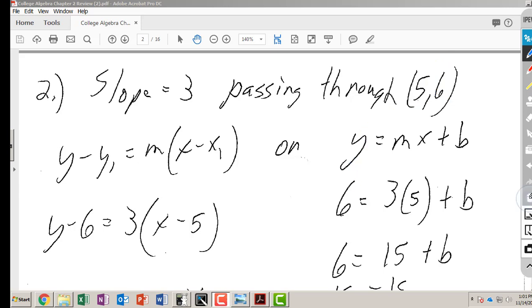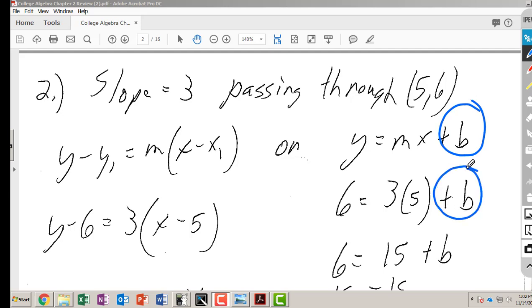And then here's my x value, and that's going to go in place of my x, which is 5. And then here's my slope, which is 3. I'm going to substitute that in place of my m in my equation. And so that becomes 3. So that's going to make it so that I can figure out what my b is, or my y-intercept. So solving for b is what I need to find.